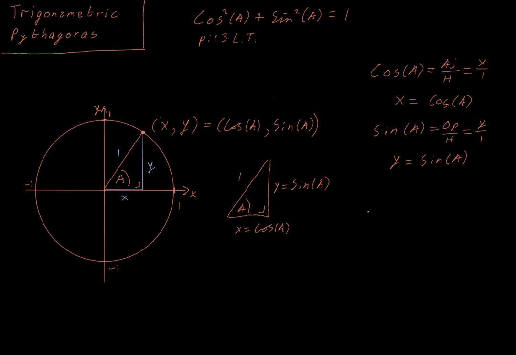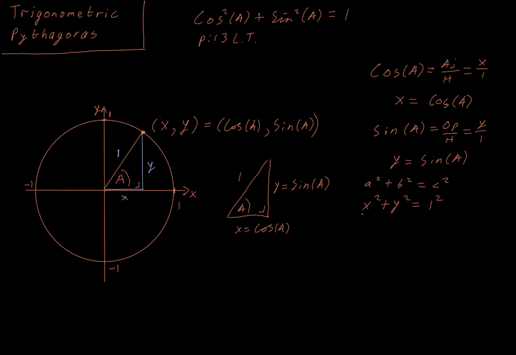I have Pythagoras. So x squared plus y squared would be equal to 1 squared. So a squared plus b squared would be equal to c squared, or h squared, depending on how we learned it.